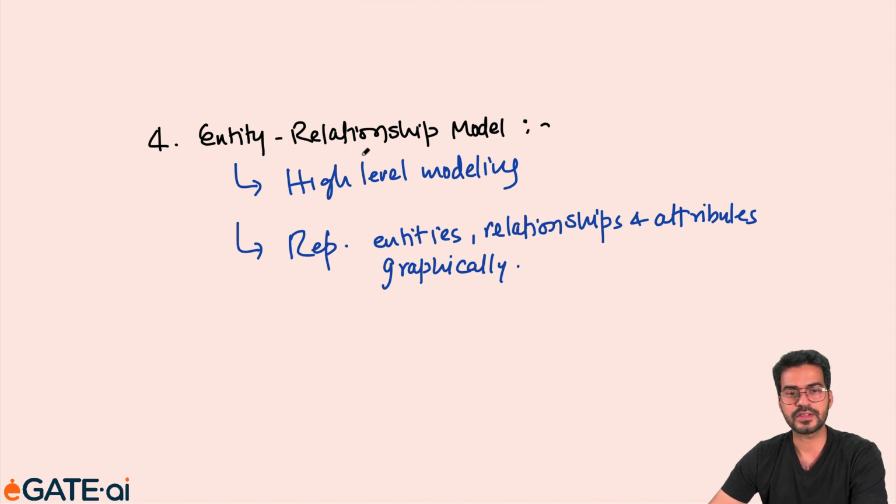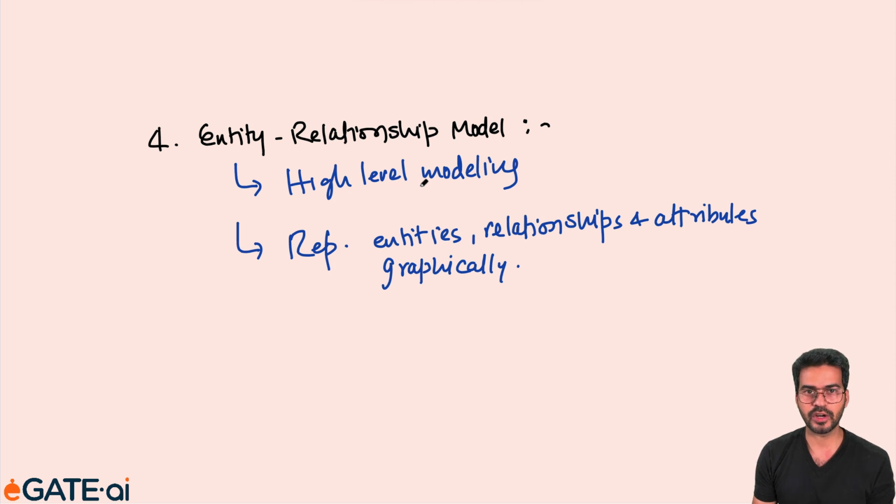The next one is the entity relationship model, and this is very high level modeling. It doesn't go too much into technical detail, and it utilizes graphs and symbols to represent relationships. This is very useful when semi-technical or non-technical people are interacting. This model can be used to discuss the requirements.